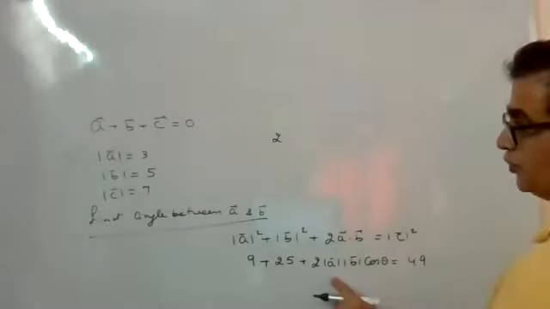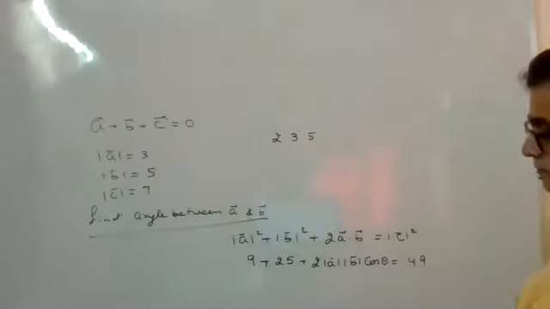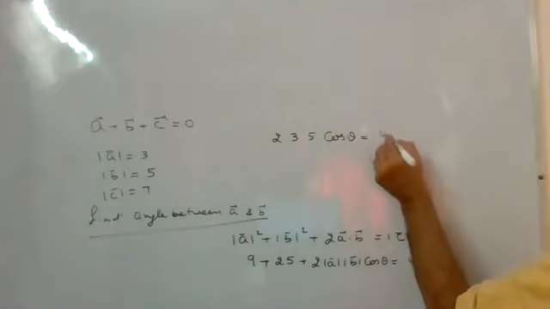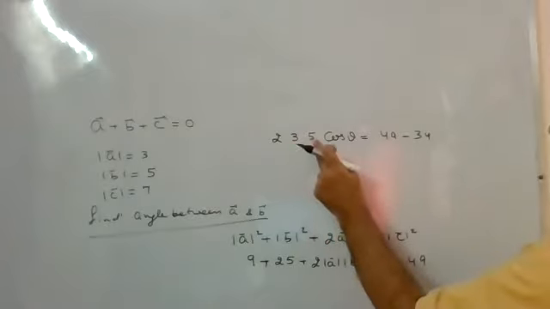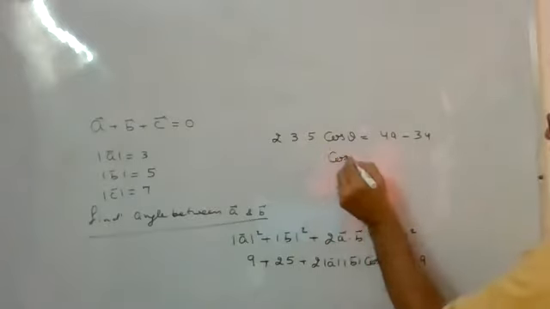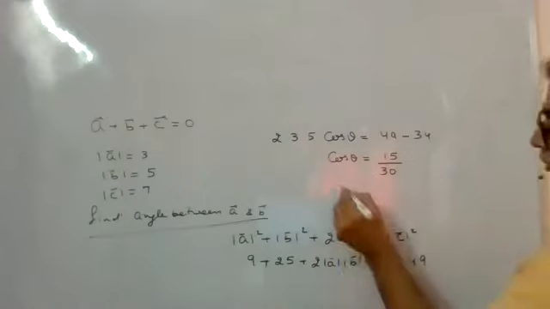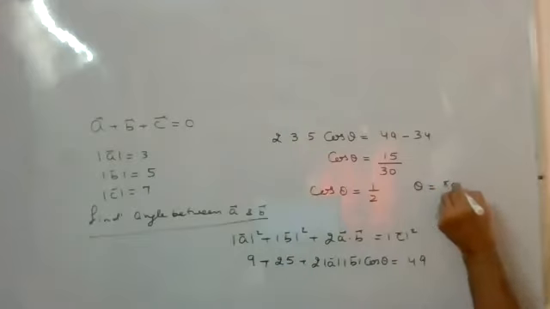Twice, magnitude A is 3, magnitude B is 5, so it will be 3 into 5 and then cos theta equal to 49 minus 25 plus 9, that is 34... then 5 3s are 15, 2 15s are 30. So cos theta numerator 15 comes, and 30 comes. So cos theta is simply half, or theta comes out to be pi by 2. That's the answer.